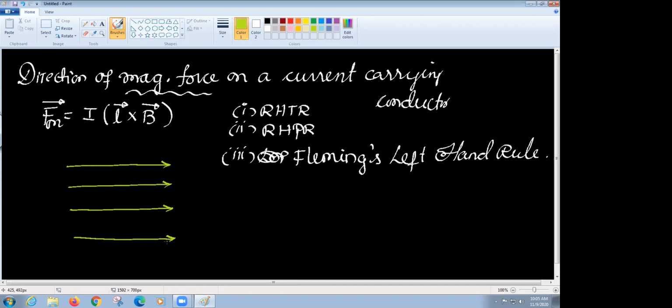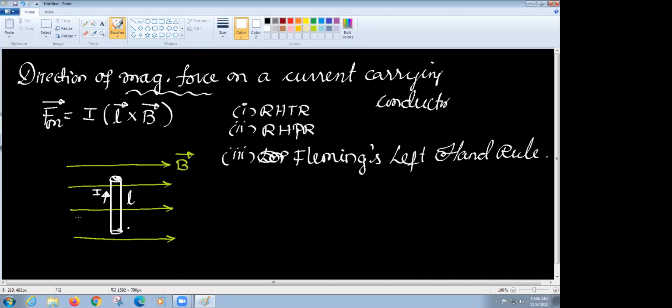I have a uniform magnetic field B. Now I take some current carrying conductor of length L, carrying some current I like this.